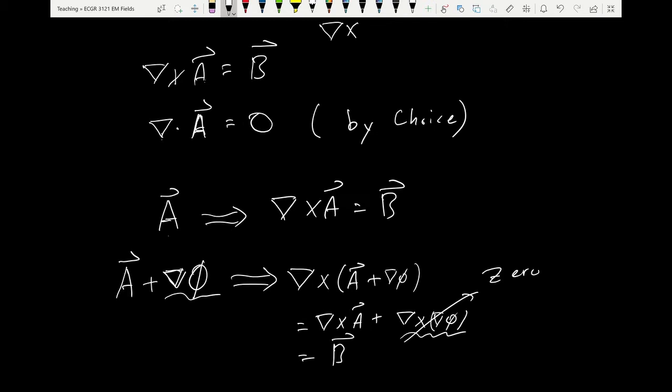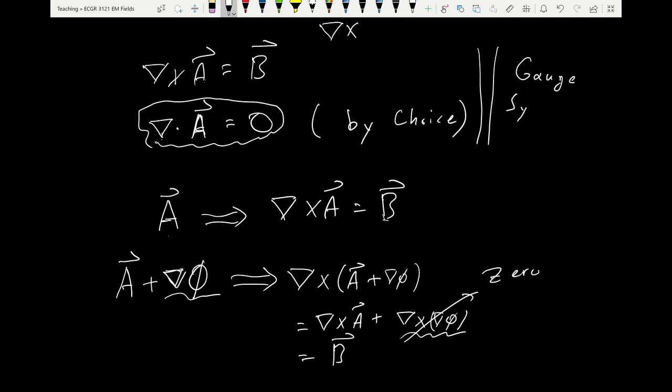A is not unique, but we select A in such a way that the A that we select has a divergence of 0. If you go deeper into the theory, this kind of property is called gauge symmetry. And it's a very important property in advanced electromagnetics, right?